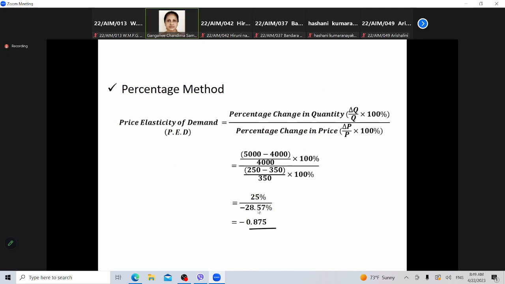Then first one, 25% divide by 28.57. Is it correct? Or did you get another answer? 250, 350 means here it gets 100 divided by 350.